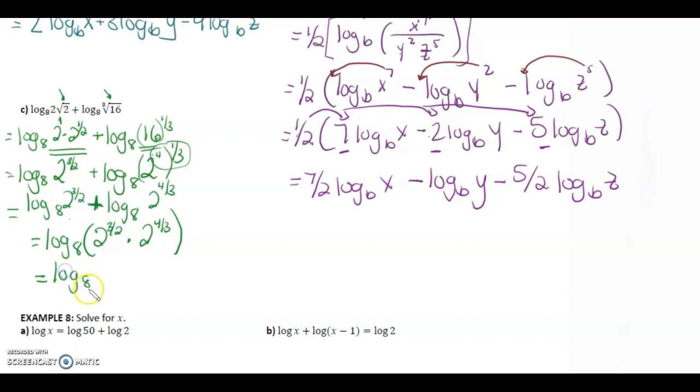So I get log base 8 to the 2 to the 17 over 6. Because we have to write this with no exponents, we're going to bring this to the front, and it's going to be 17 over 6 log base 8, 2.